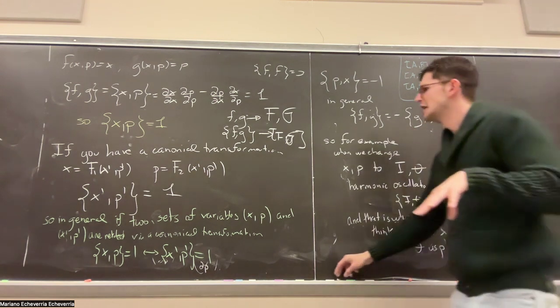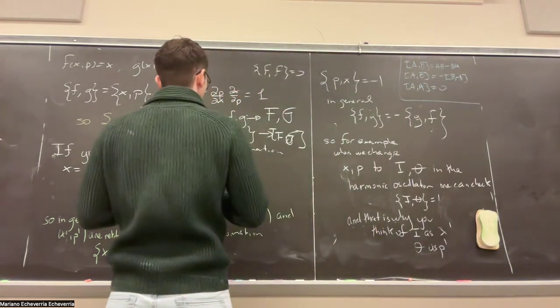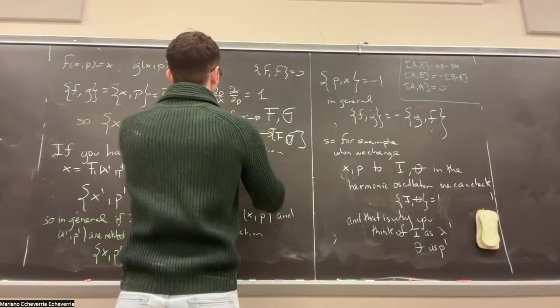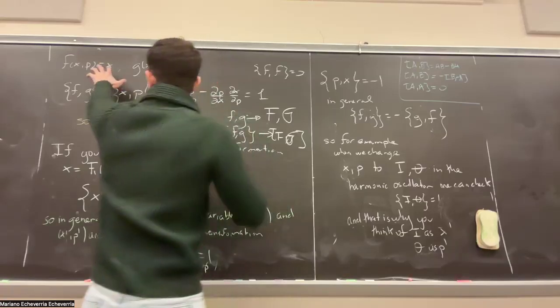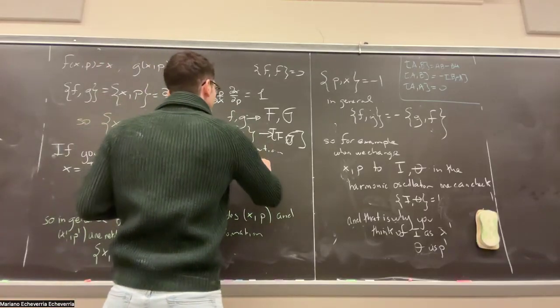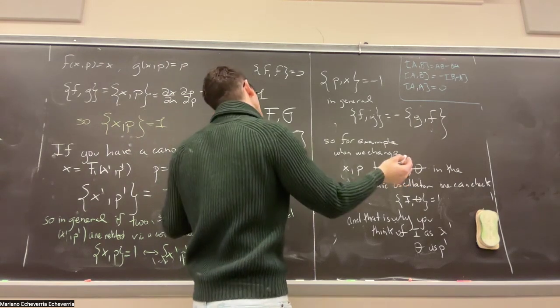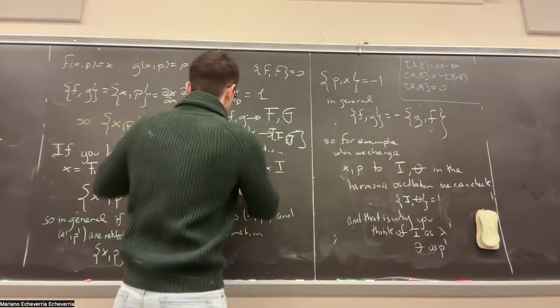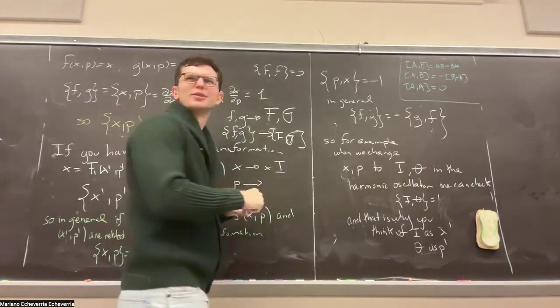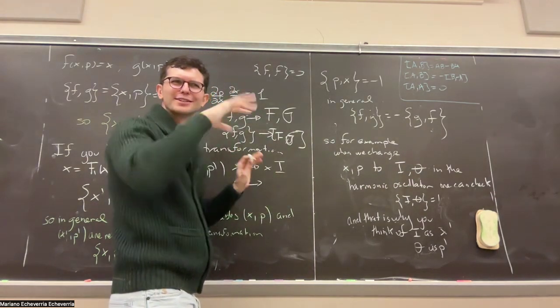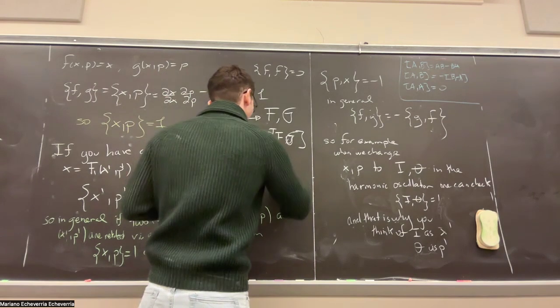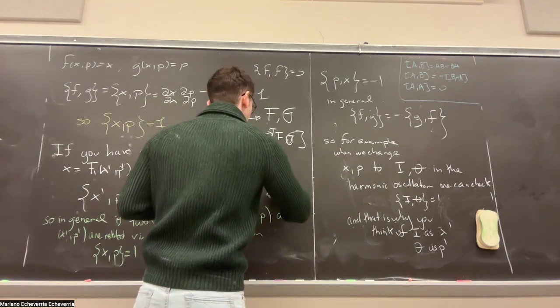So for example, which is kind of weird, but I'll tell you more about that later, the x coordinate gets transformed to a multiple of the identity matrix, basically, and the momentum gets transformed to differentiation with respect to x, up to a sign. So it becomes an operator, a derivative with respect to x.